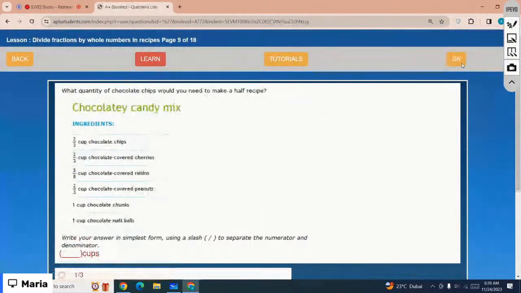Okay, the next one is what quantity of chocolate chips would you need to make a half recipe? Which is the correct option? In the original recipe, you need two-third cup of chocolate chips.